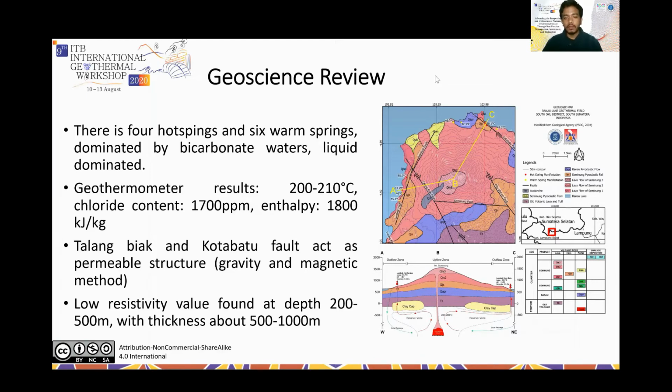A detailed study was carried out through 10 data of surface manifestation of thermal springs, consisting of 4 hot springs at about 55 to 63 degrees Celsius and 6 warm springs less than 50 degrees Celsius that spread on the slopes of Mount Minung following the northwest-southeast fault direction, which is the Cotabato Fault, and the northeast-southwest fault, which is the Lombok Fault.